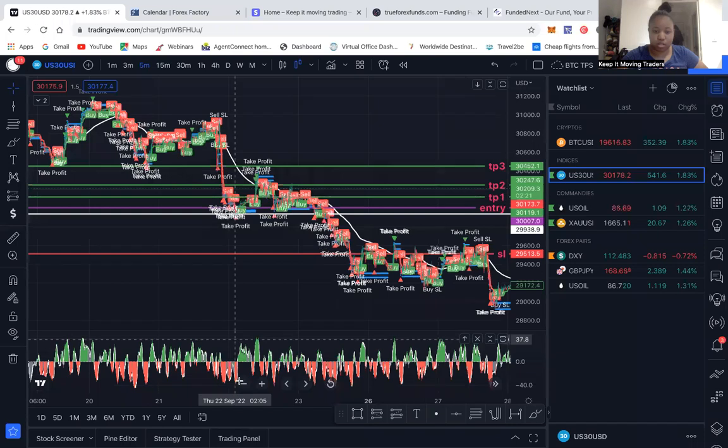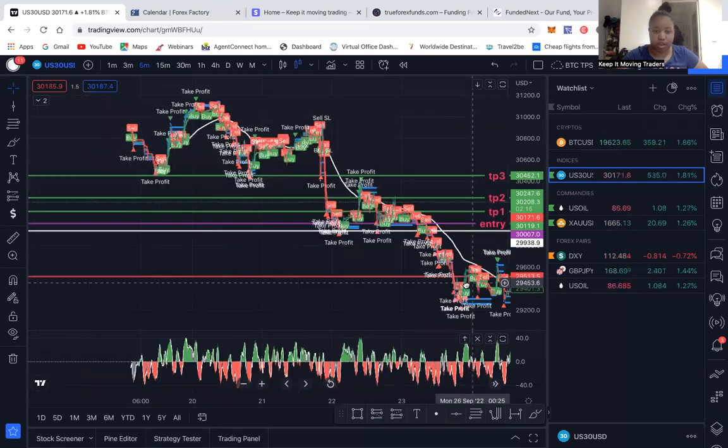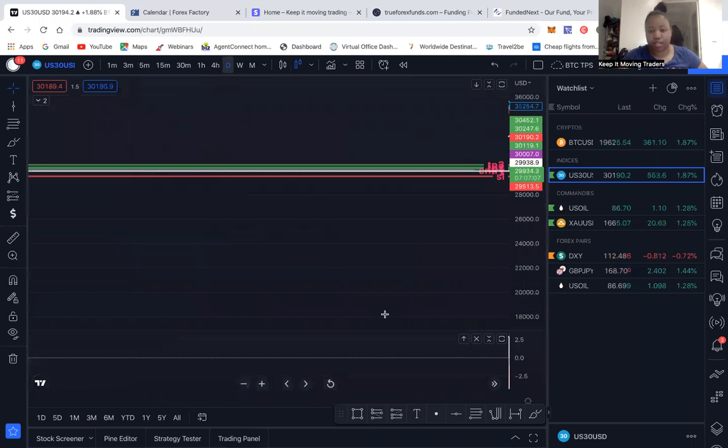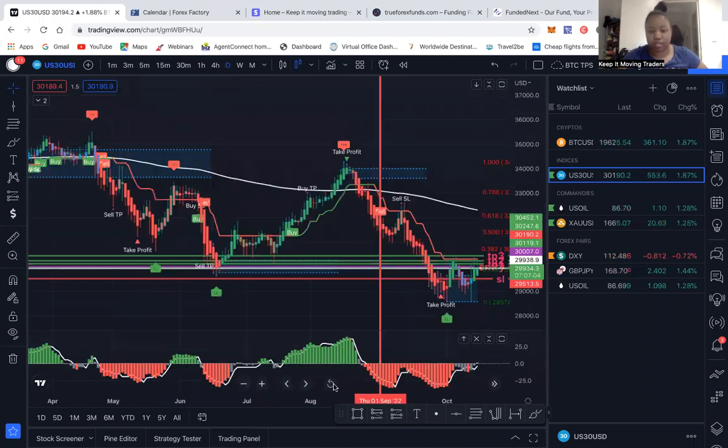Let me see if I can zoom in. I can't zoom in anymore. I'll have to use a different example. Let me go back to the day chart. Guys, it looks like the line is just right here. Oh my God, it went all the way back to the 1st of September.